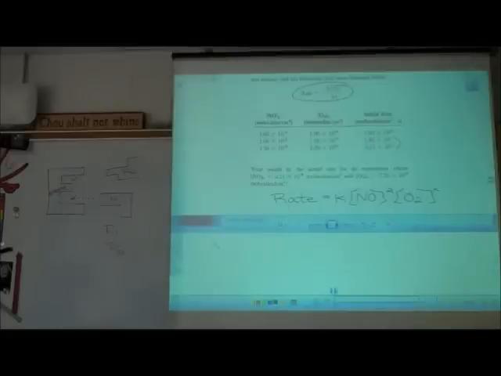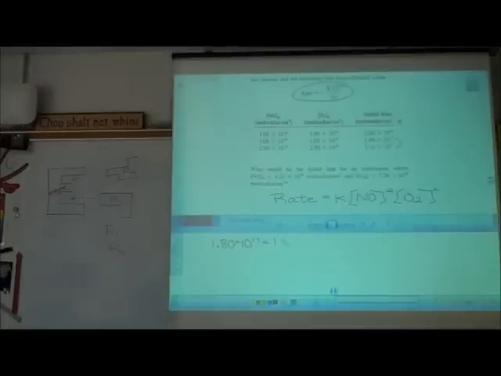Well, it doesn't matter what order you do this in. I'm going to rewrite this rate law, and I'm going to plug in numbers from the 2nd line. So, the rate is this.